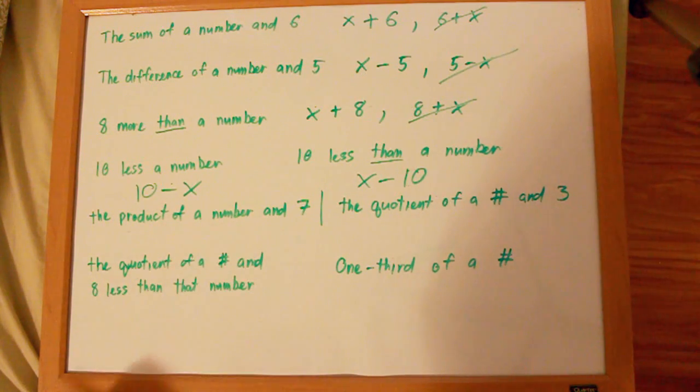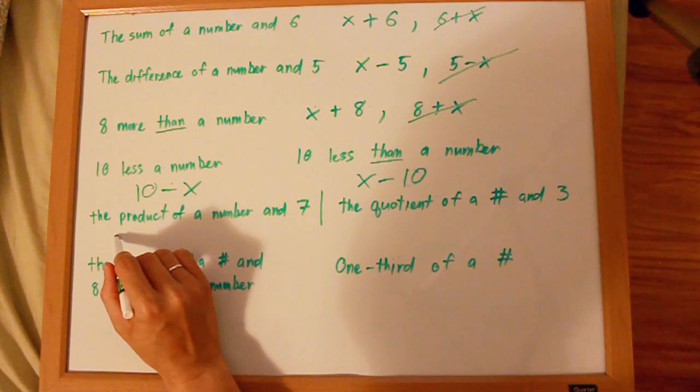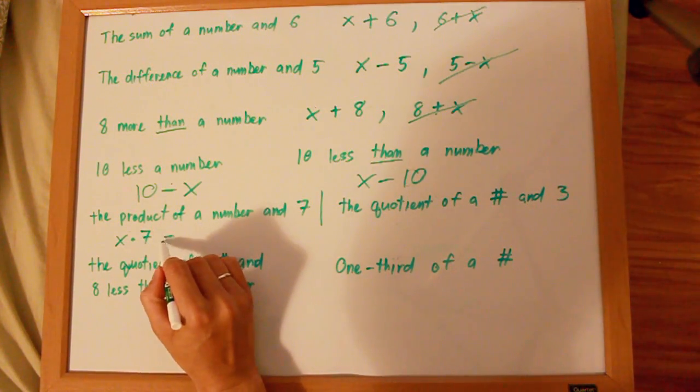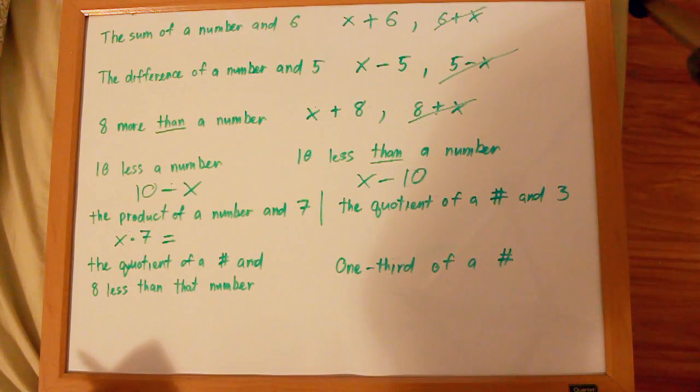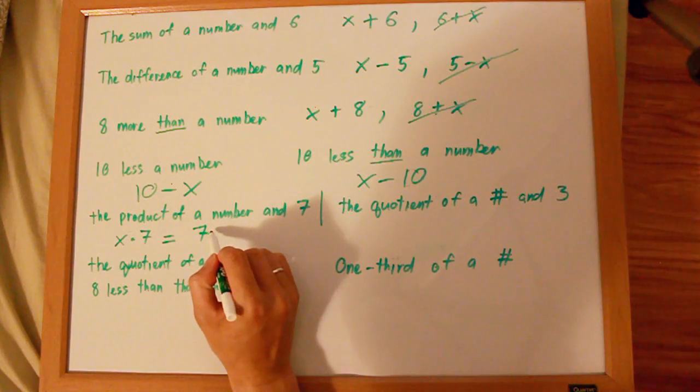Next one, the product of a number and 7. In algebra, product means multiplication. So the product of a number and 7 is x times 7. But we don't write it like this as our answer in algebra. We write it as 7x.